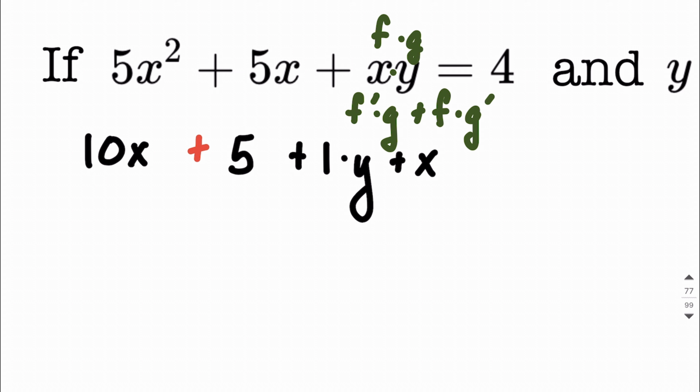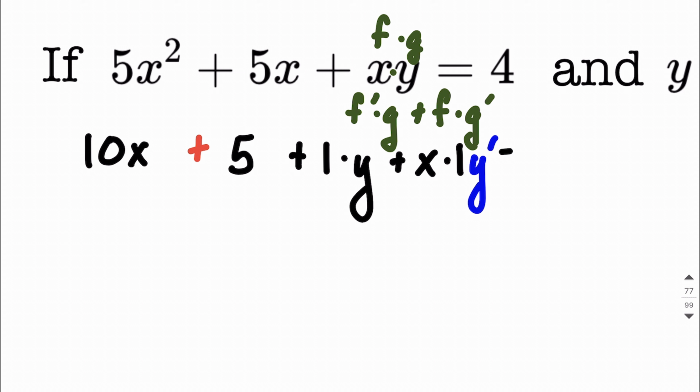Then we multiply by the derivative of g, which is the derivative of y. In this case, be careful because our variable is y. We do need to include a dy/dx, or, as our instructions said, this can be thought of as y prime.